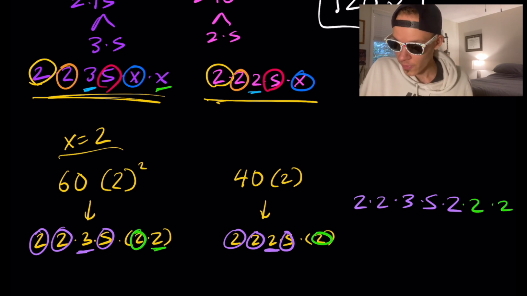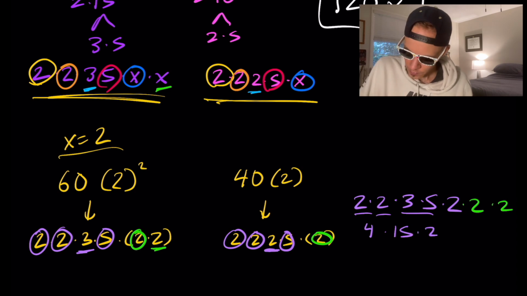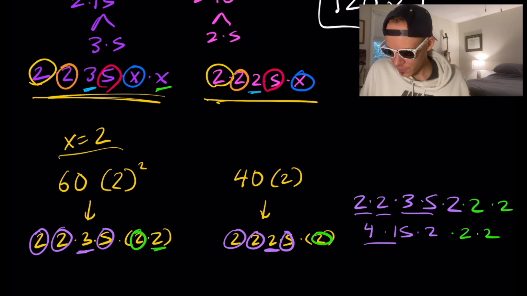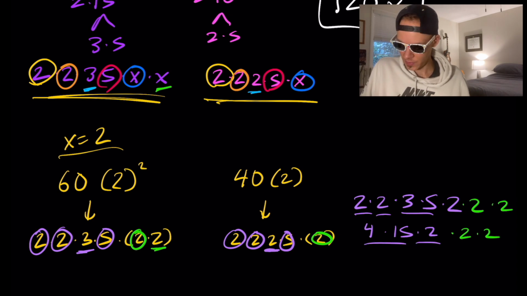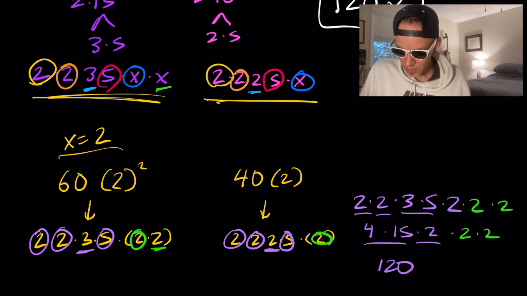All right, now no variables, we're just working with numbers. So let's see, 2 times 2 is 4, times 3 times 5 is 15, times 2. And then we have times 2 times 2. 4 times 15 is 60, and then times 2 is 120. And then we have 2 times 2, which I'm just going to write as 2 squared.